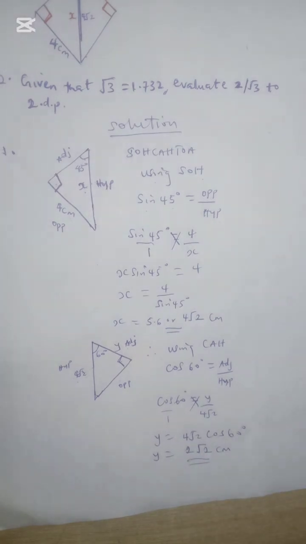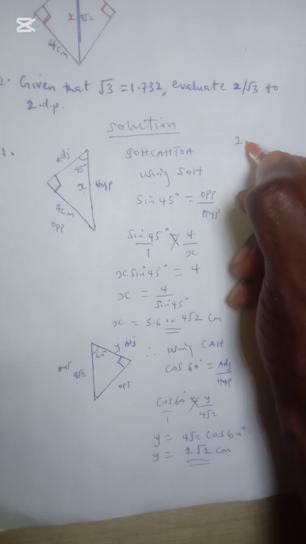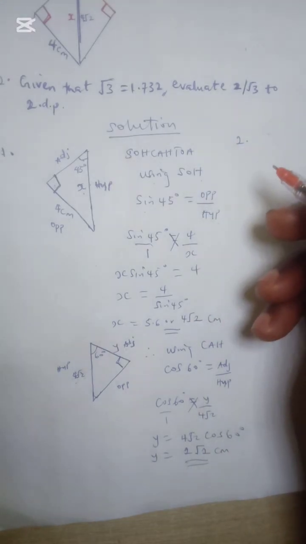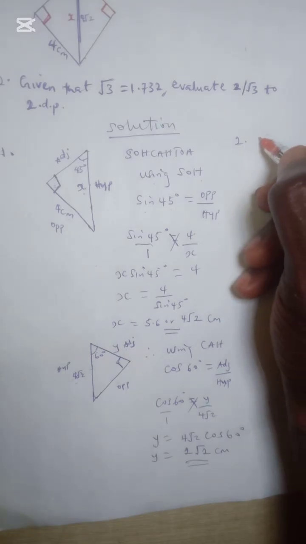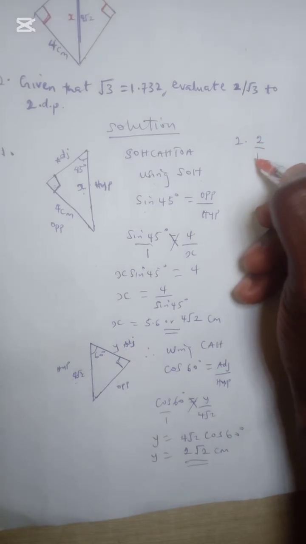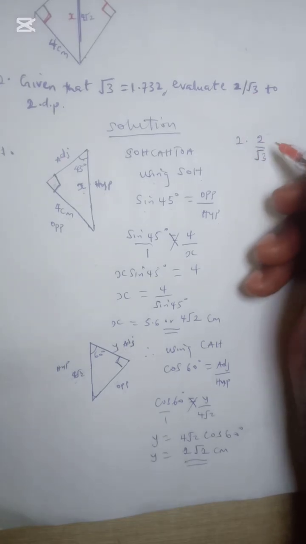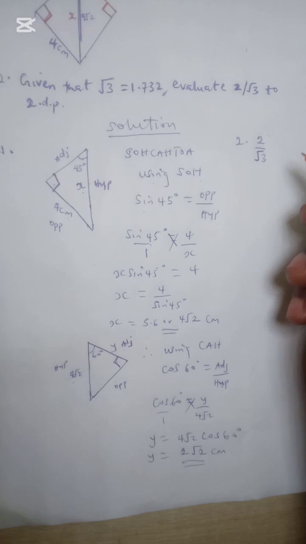Okay, so the question 2 aspect, we can just have it here. Given that root 3 equals 1.732, we should evaluate 2 over root 3. Anytime you see something like this, 2 over root 3, you know that we do something called rationalization.